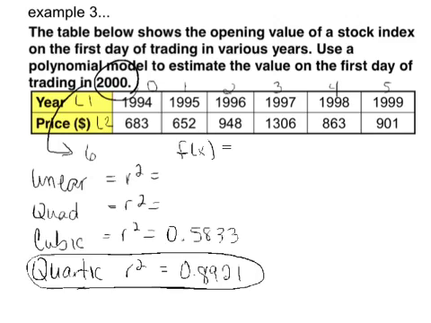f of x equals a x to the fourth minus b x cubed plus c x squared minus d x plus e. I'm just looking at my calculator right now.